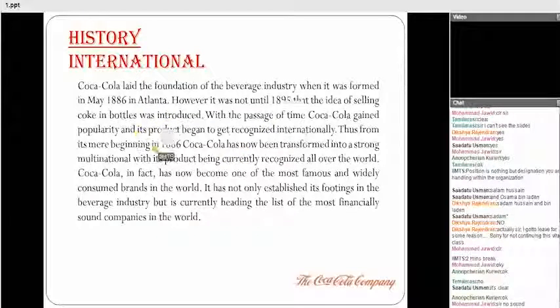Thus, from its mere beginning in 1886, Coca-Cola has been transformed into a strong multinational with its product recognized all over the world. It has become one of the most famous and widely consumed brands in the world. It has not only established its footing in the beverage industry, but is currently heading the list of the most financially sound companies in the world.